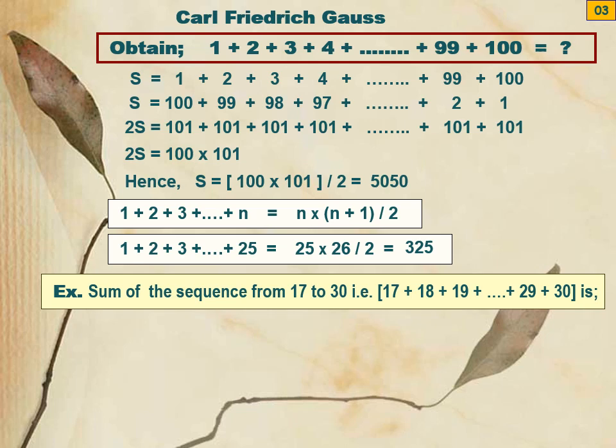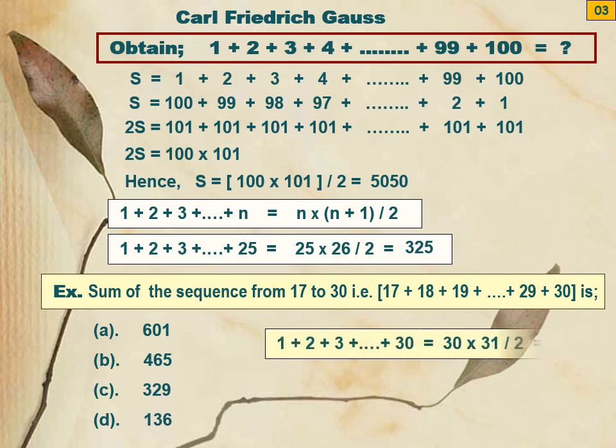The sum of the sequence from 17 to 30, that is 17 plus 18 plus 19 up to 30, you have to select the correct one. The formula is only for starting from 1 to any number, but here the question is for starting from 17. What would you do here? Okay, I am explaining that.